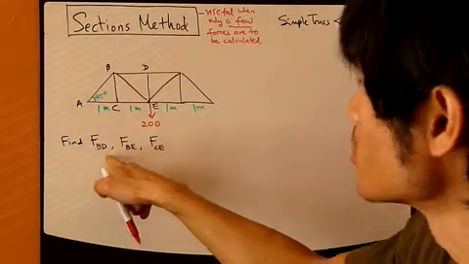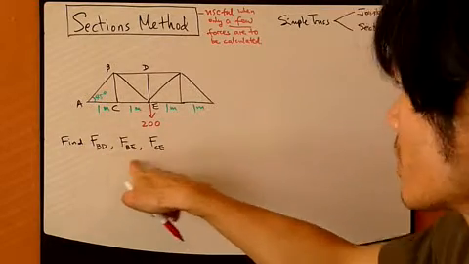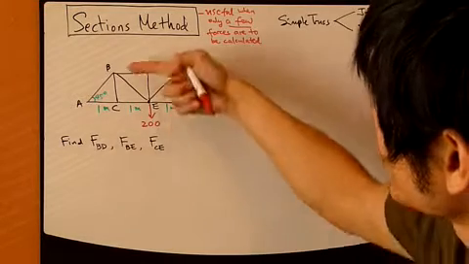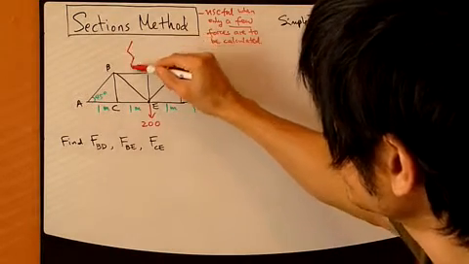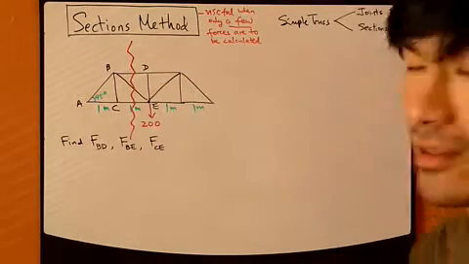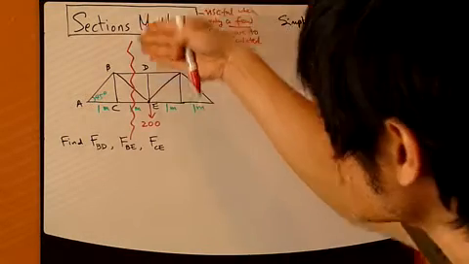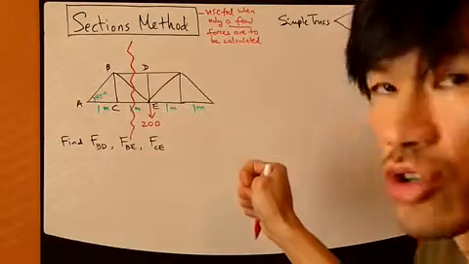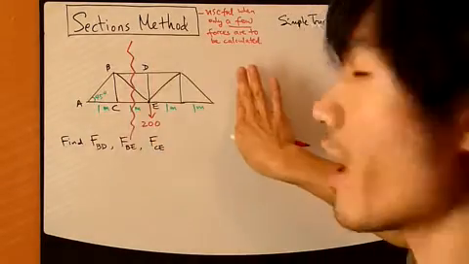Section through the members where you need to calculate the forces. So in this case, it's these three. So I'm going to do a cut, something like this. Okay. So I've sectioned through this truss, right? So I have this left half and right half.